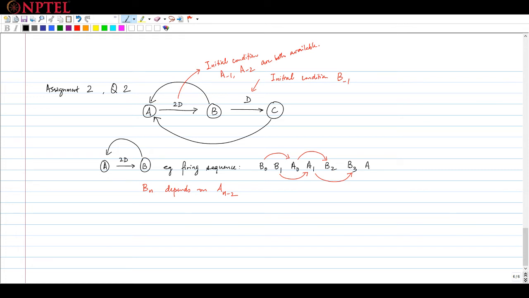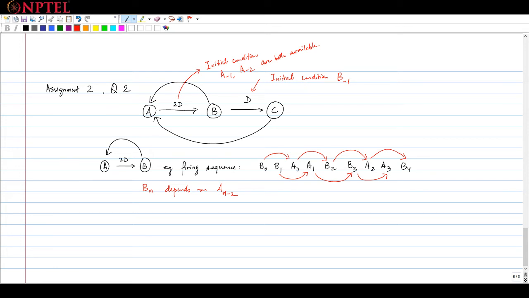Then I can do A2, A3, B4, etc. Okay, because I effectively have from B2 to A2, B3 to A3, and then from A2 to B4. This is the Bn depends on An minus 2 link that I have over there, right?